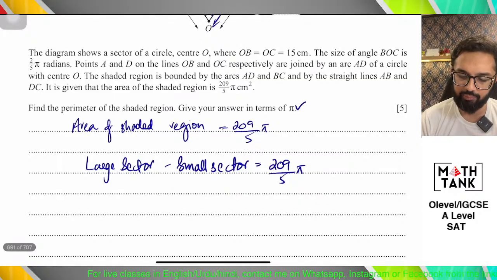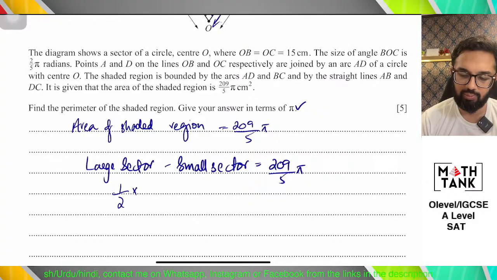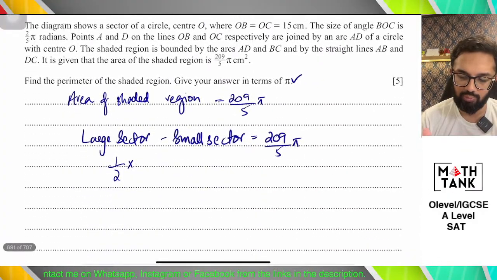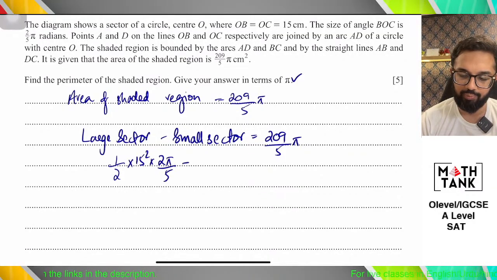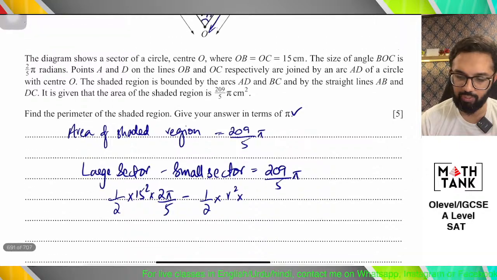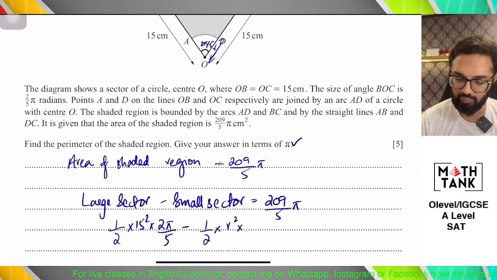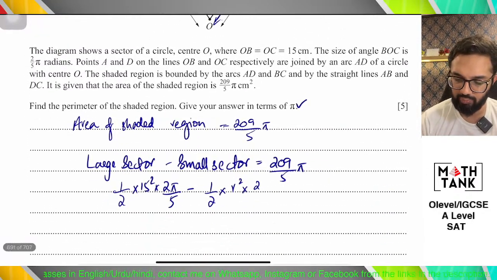The large sector is half r squared theta, and minus half r squared, that's the small radius, theta.